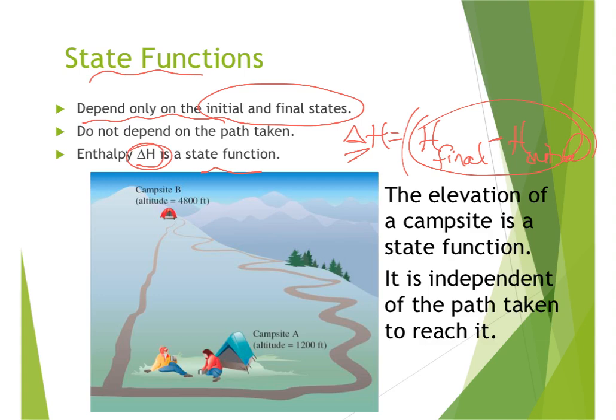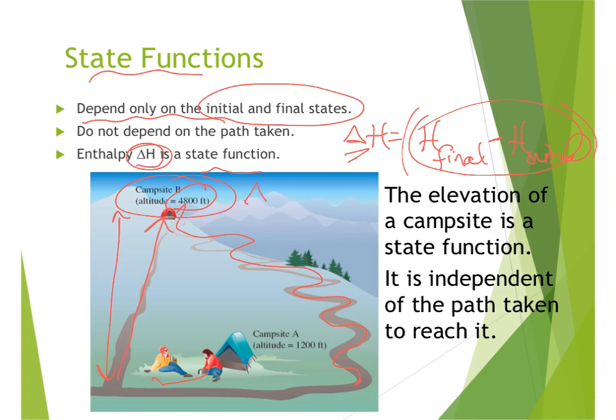So, I kind of like this example. Let's say you're at the bottom of a mountain and you hike to the top to get to some top of the mountain campsite. If you go pretty much straight up the mountain, or if you go a zigzag path all over the place, what's not going to depend on the path taken? Well, the altitude itself, the 4,800 feet, is going to remain 4,800 feet regardless of the path you take, right?